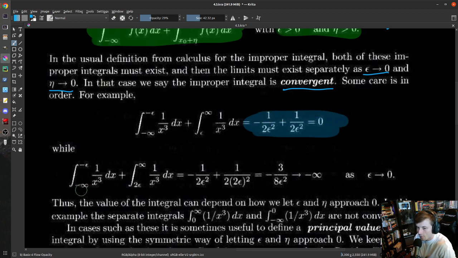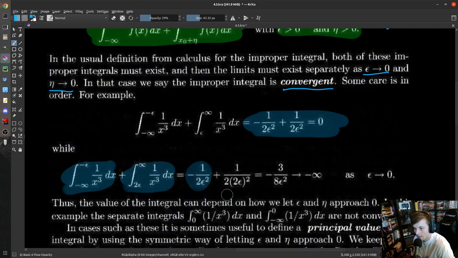On the other hand, if you went from minus infinity up to minus epsilon, just like before, we're going to pick up exactly that same 1 over 2 epsilon squared. But then if on the other side we went from 2 epsilon up to infinity and integrated, well, then I would get 1 over 2 times 2 epsilon squared, that whole quantity squared. And if you put these together, I get 3 over 8 epsilon squared.